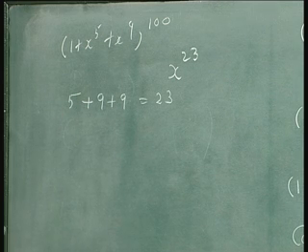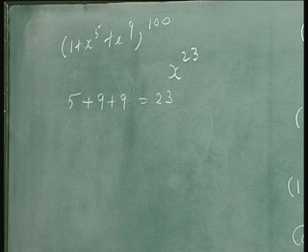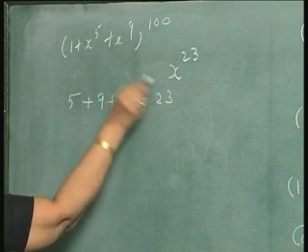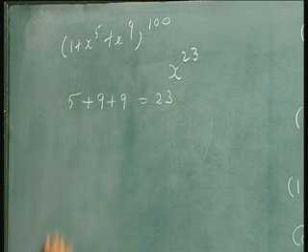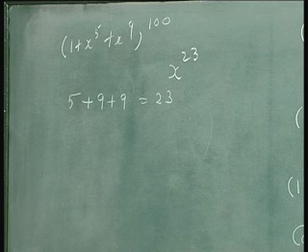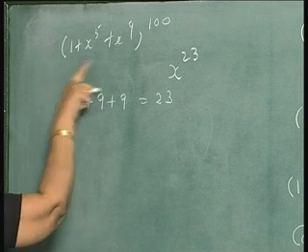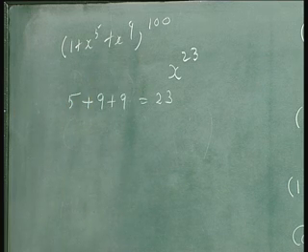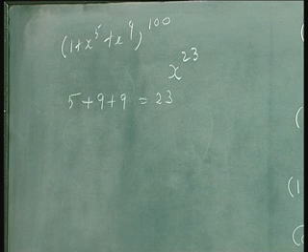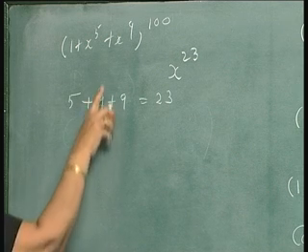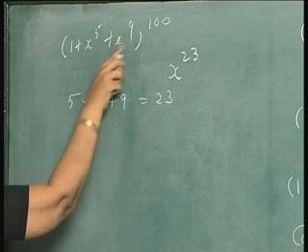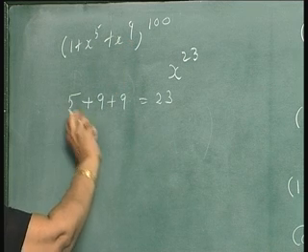So, if you have 100 factors like this, out of the 100 factors, you have to select x power 9 from 2 factors and x power 5 from 1 factor, then only you will get x power 23.